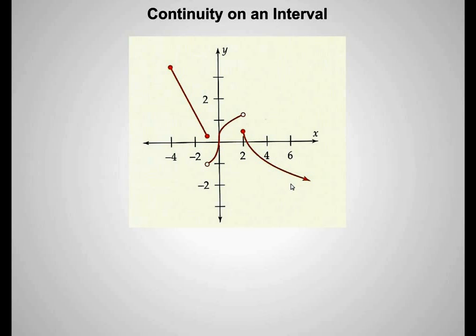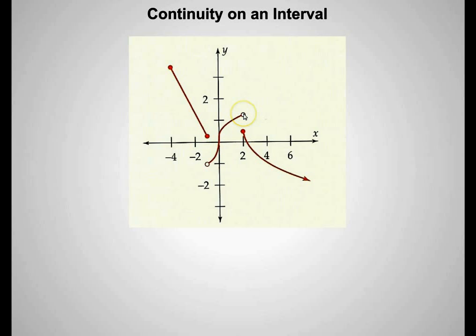And you do. But really the issue here is that it's discontinuous at x equals -1 for the following reason. The left-hand limit does not equal the right-hand limit, thus the limit doesn't exist at x equals -1. In between -1 and 2, it appears to be continuous.